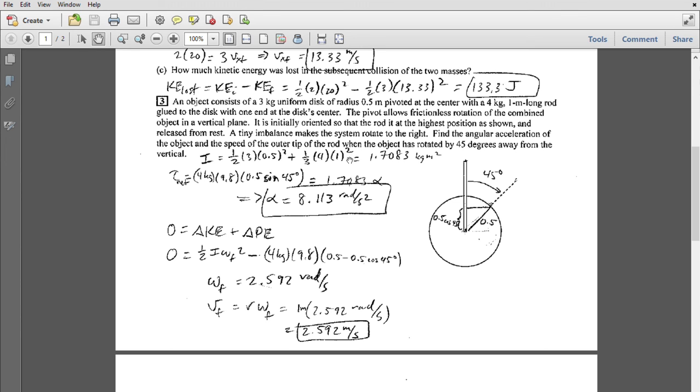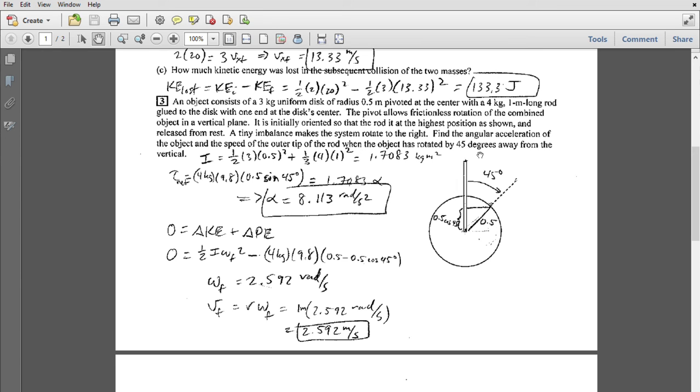Our rod is length 1 meter. The radius of the disk is 1/2 meter. So you add those together, 1.7083 kilogram meters squared. Plug in that number here, torque net equals I alpha, and solve for alpha. So as it passes this point, it's angularly accelerating at 8.113 radians per second squared.